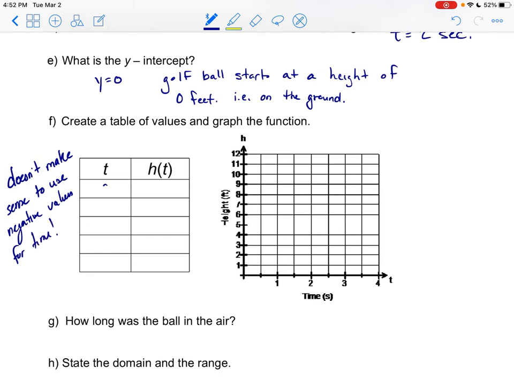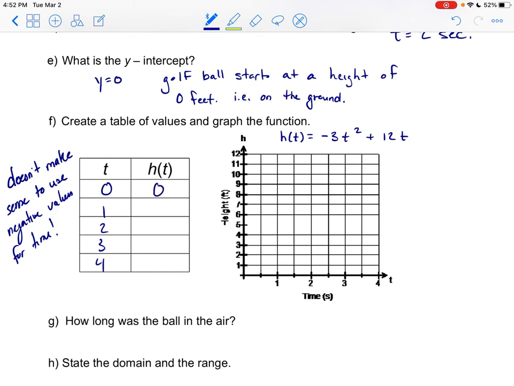So we'll start at 0, and let's go just a couple of points, a couple of seconds, like that. So I'll rewrite our equation here just so we can see it. So you plug 0 into that, gives us 0 back.